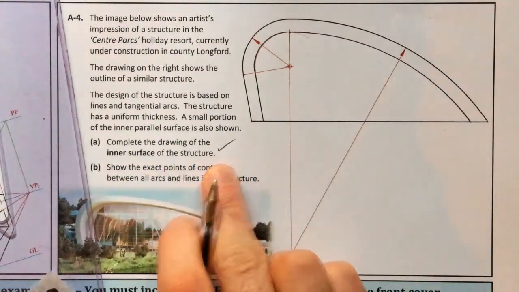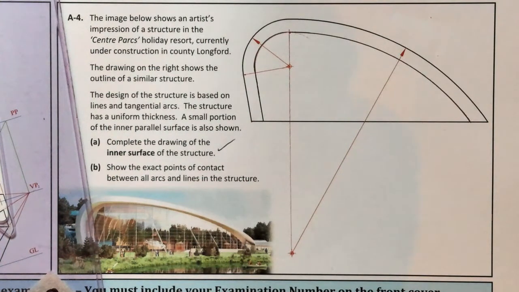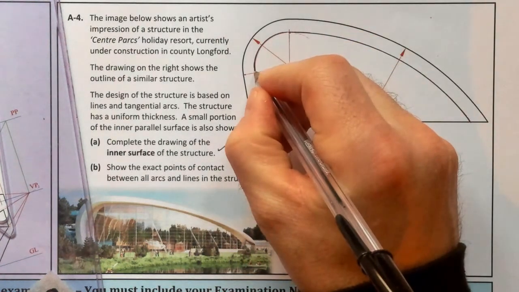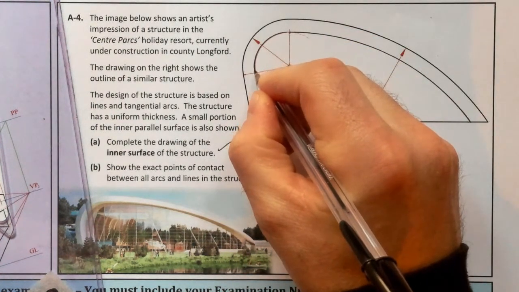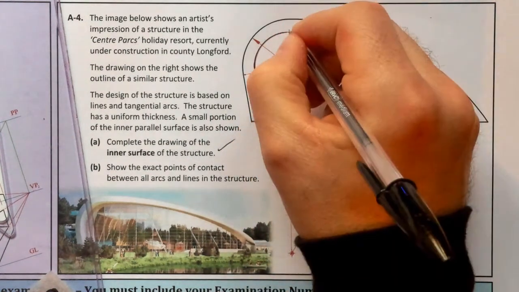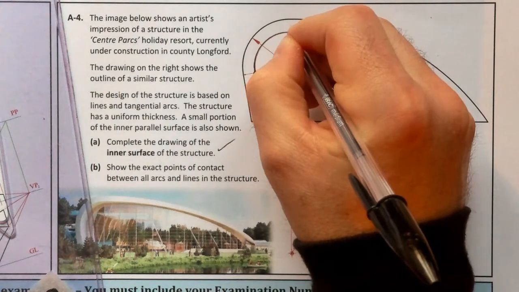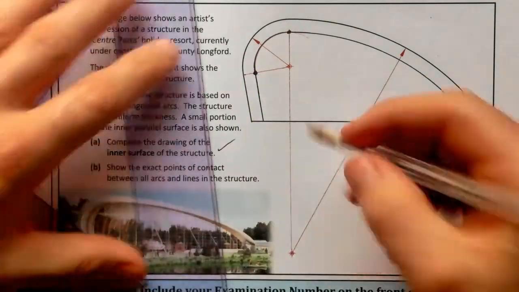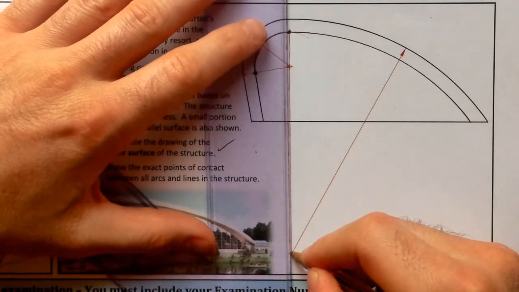Now it says show exactly the points of contact between all arcs and lines in the structure. So we've got a point of contact right here between the line and the arc, and we've also got another point of contact right here. If I was to extend them on, that's the inner structure.